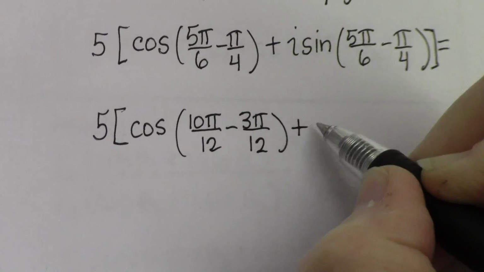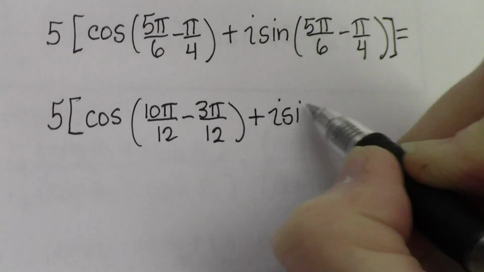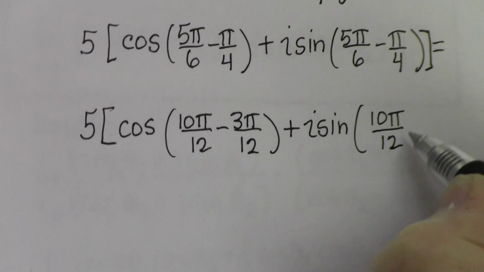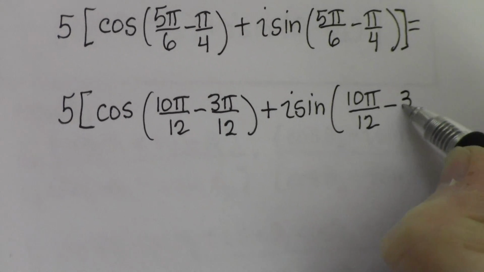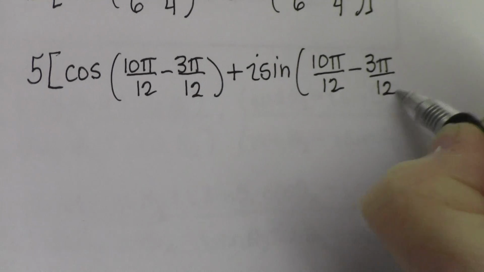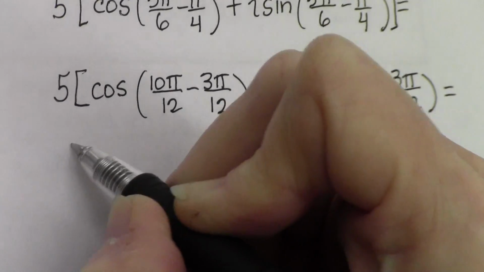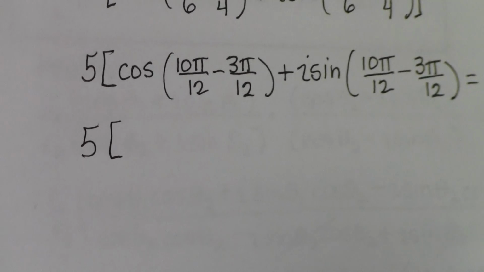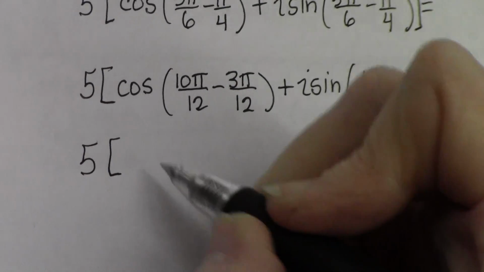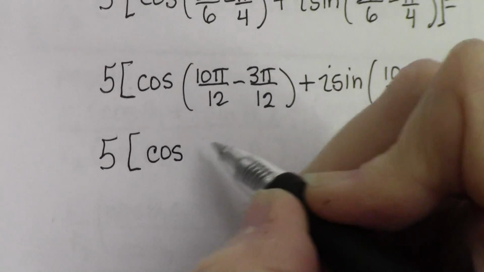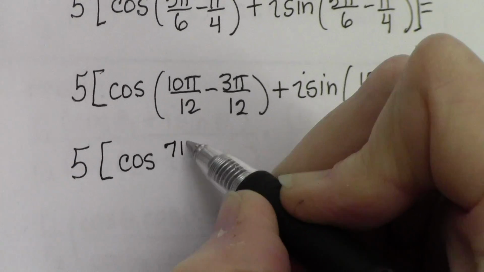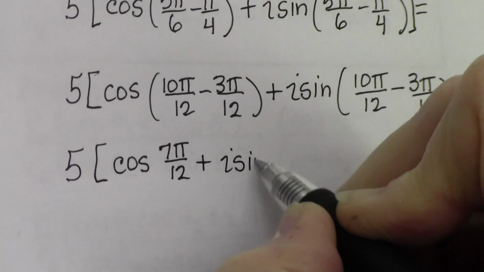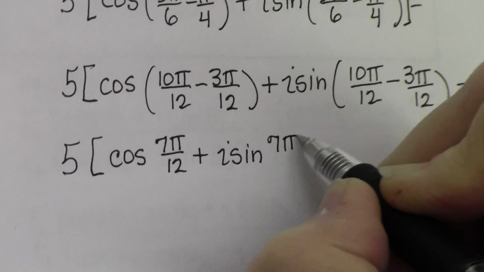And then we repeat the same thing. i sine 10 pi over 12 minus 3 pi over 12. Okay, just about done. We have 5 as our final r value, as the quotient r value. And we have cosine of 7 pi over 12 plus i sine 7 pi over 12.